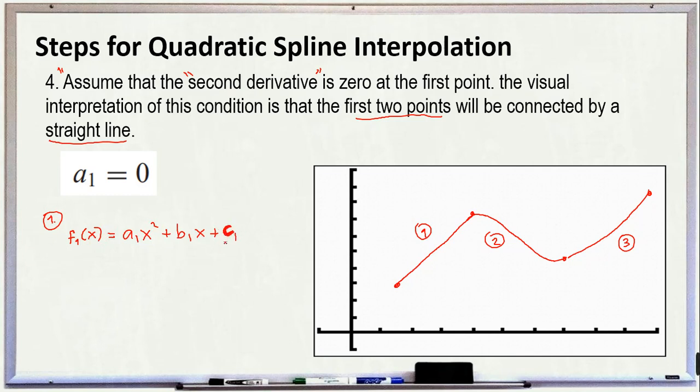So, unsay dali nga pamaagi para mahimo ni siya line? That is why a sub 1 is equal to 0. So ato na nakompleto ang siyam ka mga unknowns.